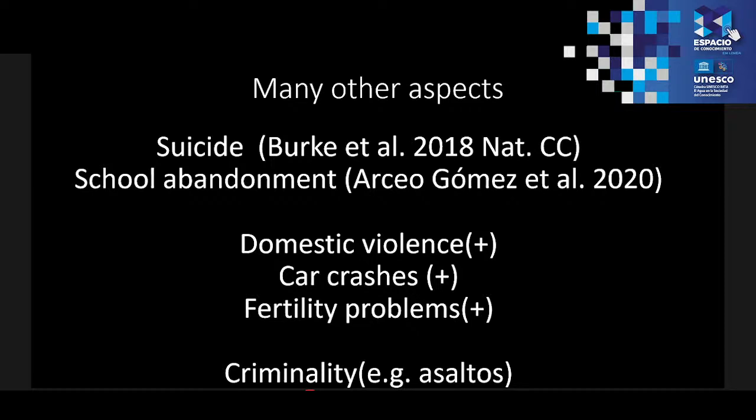And then we have also seen these impacts of drought and extreme events on other social problems like domestic violence. So increased temperature has been linked to an increase in domestic violence, in car crashes, this is for Australia, and also in fertility problems. Potentially, there's also been a link between drought and an increase in criminality in urban areas.